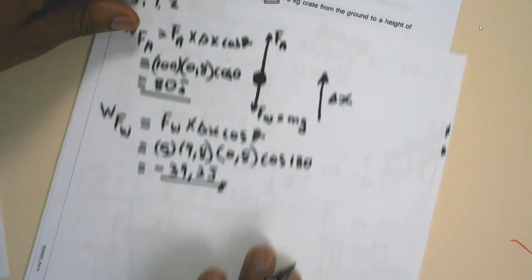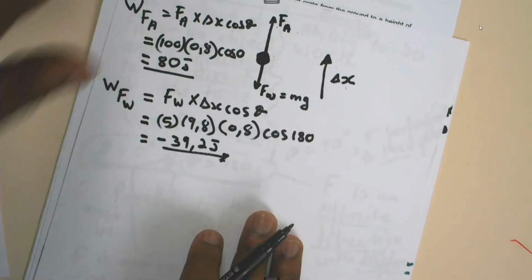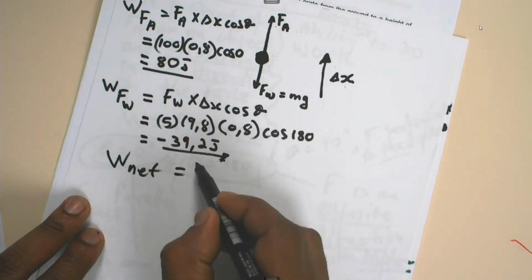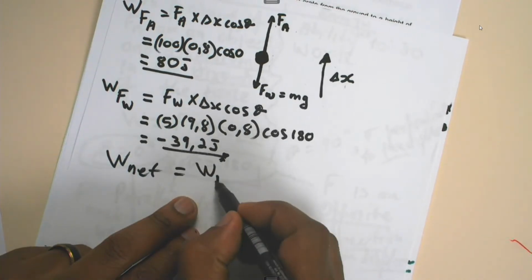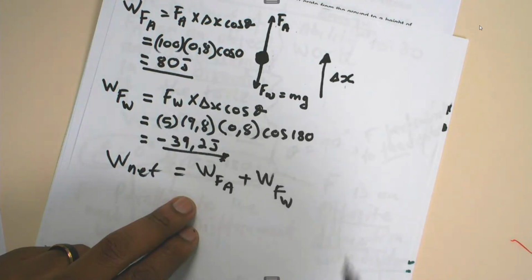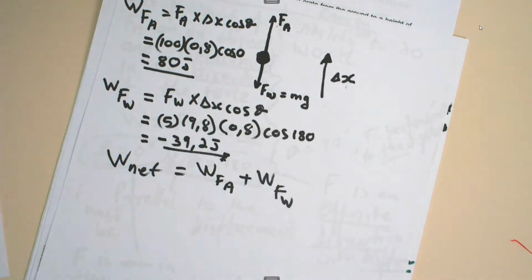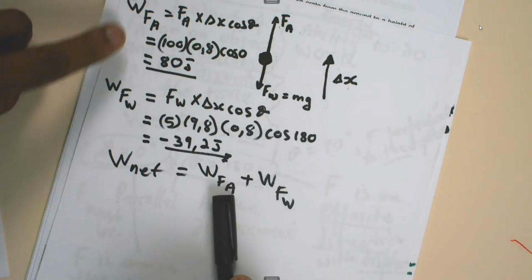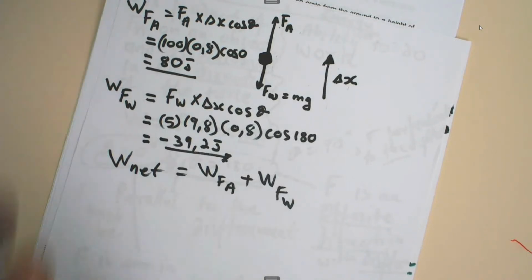Then they said they want work net. So work net, I just know it is work done by FA plus work done by FW, because net, we said, is the sum of everything. So it is the sum of work done by the force applied and work done by FW.